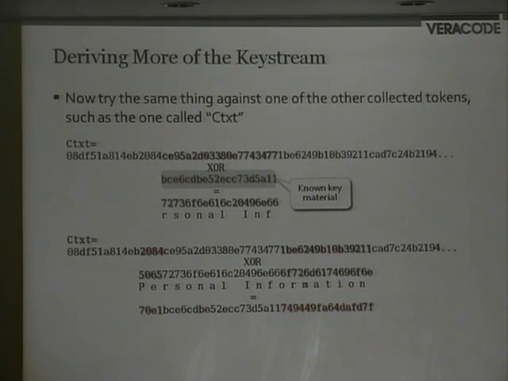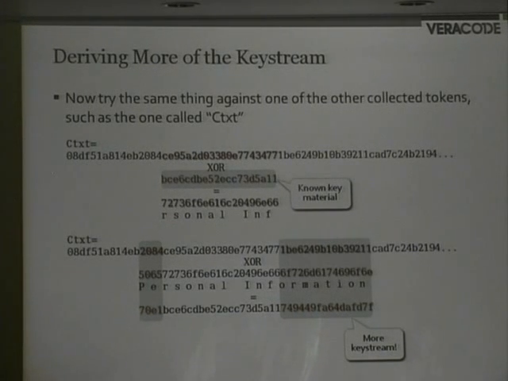You say, okay, I think the plain text for this section of the token reads personal information. So I fill that in and XOR that with that token, and what I get out is more keystream. Because I've extrapolated the plain text there, I've now got something like 10 more bytes of keystream. So now I have 20 bytes.